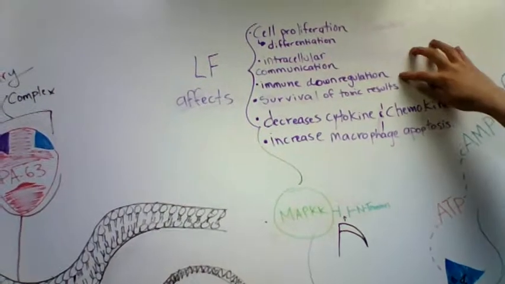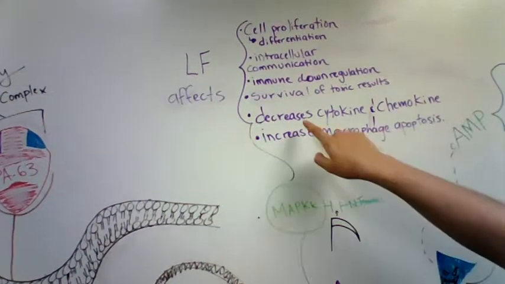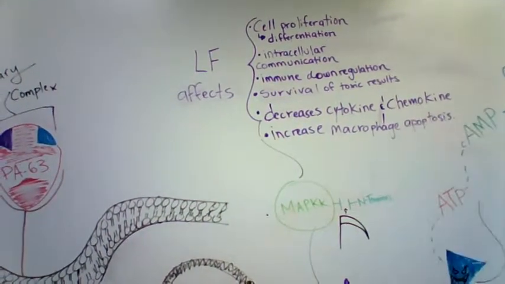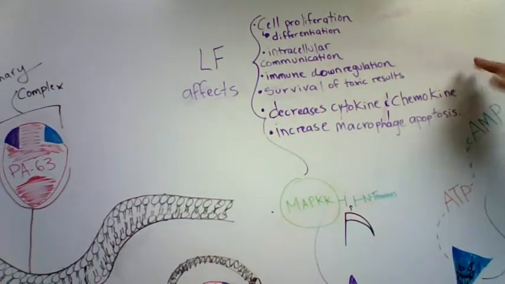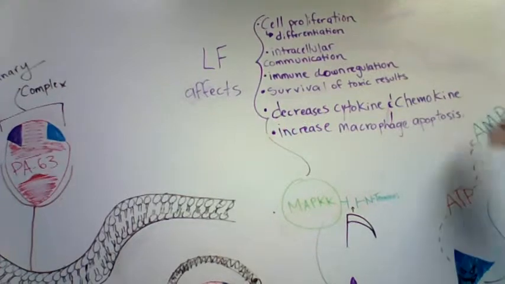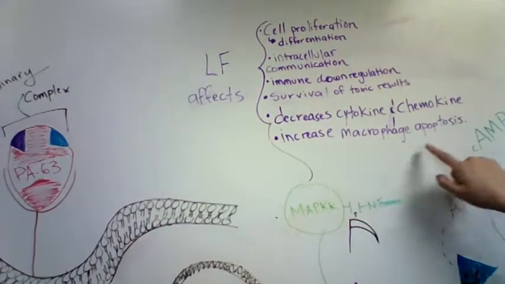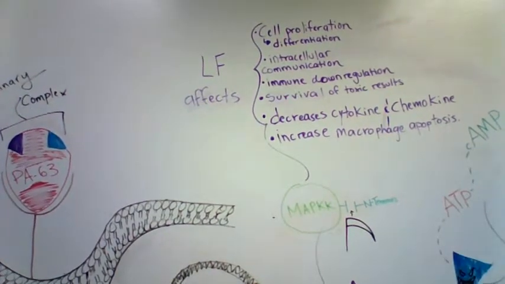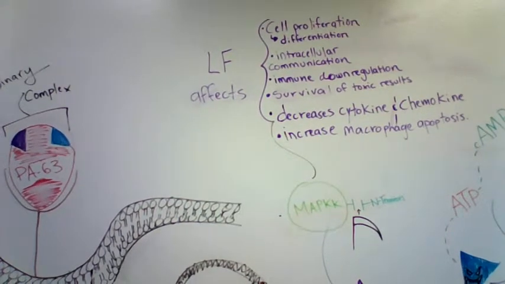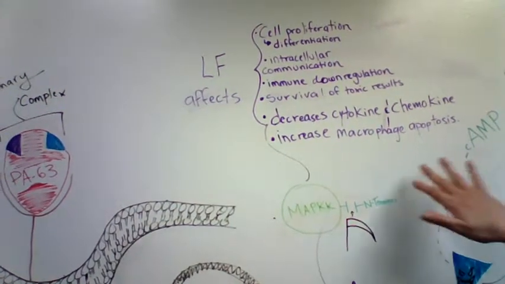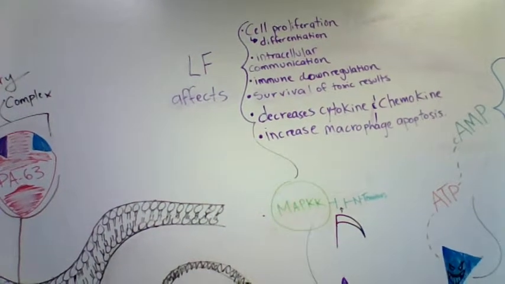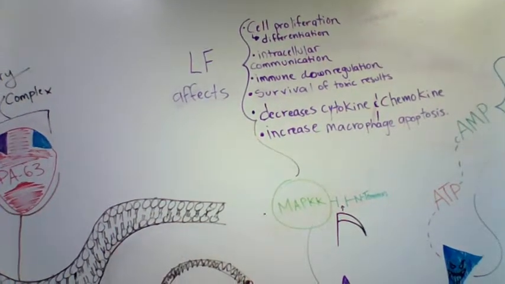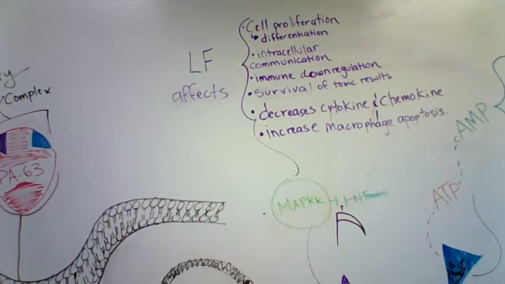The way that it does this is it decreases cytokine and chemokine function, which is basically signaling the host cell's immune response. It increases macrophage apoptosis, which is basically the destruction of macrophages. When there are not as many macrophages inside the cell, there are going to be more antigens present, which also increases infection.